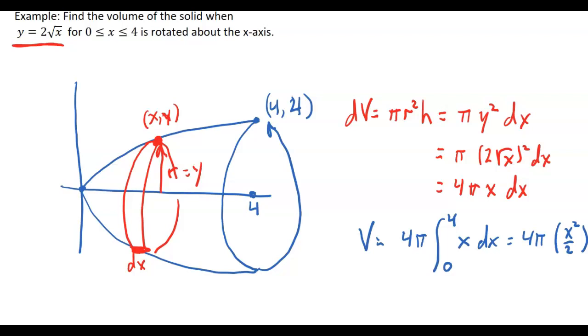Because we've already taken the antiderivative. From 0 to 4. And 4 over 2 is 2. So I get 2 pi, plug in the 4, minus 2 pi, plug in the 0. And we get 2 pi times 16, which is 32 pi. So the volume of this entire bullet-shaped solid is 32 pi cubic units.